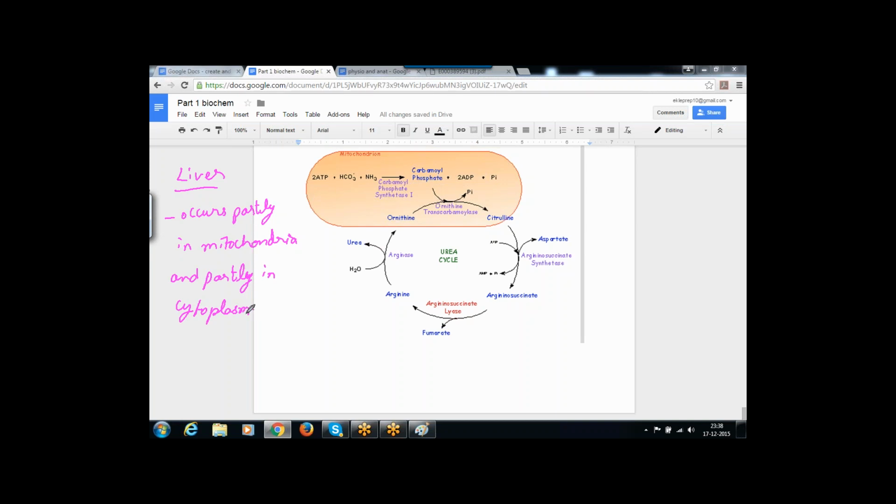This is very important. Till now we have been studying that a reaction happens either in cytoplasm or in mitochondria. But this is the first one which is partly happening in mitochondria and partly in cytoplasm. So these two points are very, very important. Firstly, urea cycle happens only and only in liver. And secondly, it occurs partly in mitochondria and partly in cytoplasm.